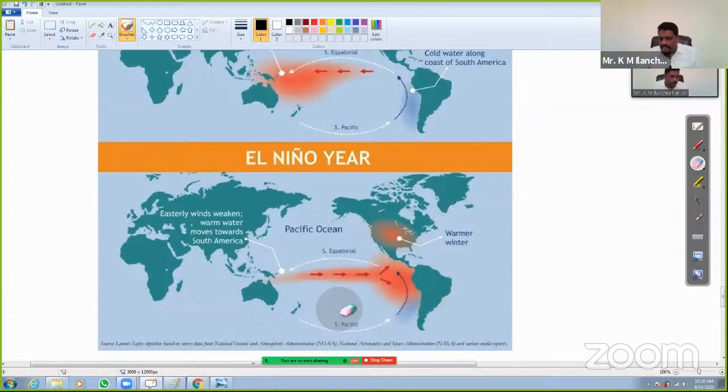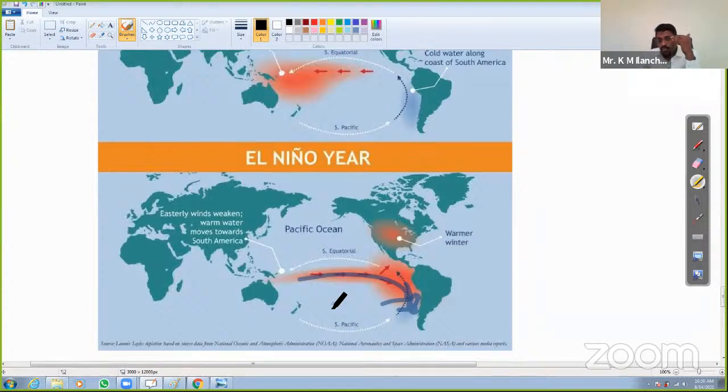At one point of time, my friend, this warm water will occupy the cold waters of Peruvian coast. From Australia, this warm water will travel, and at one point of time, it will reach the Peruvian coast. The Peruvian cold current will be superimposed by this warm water.